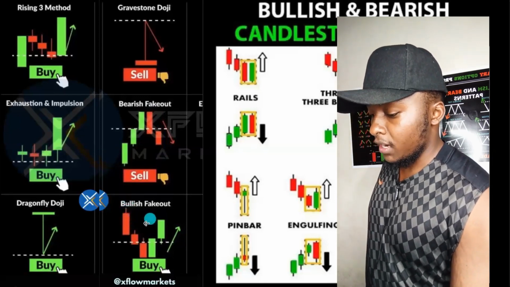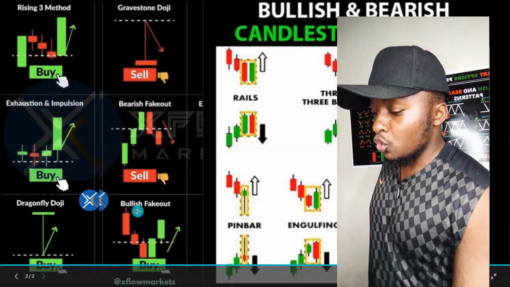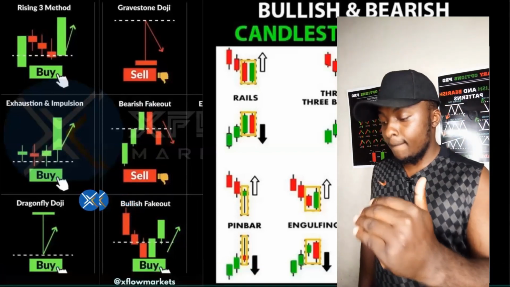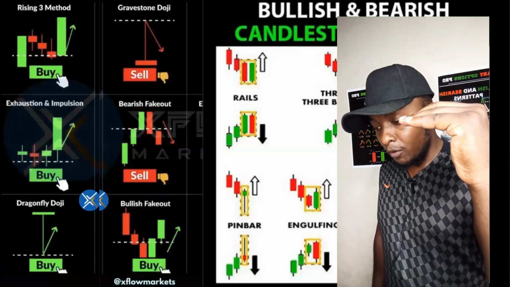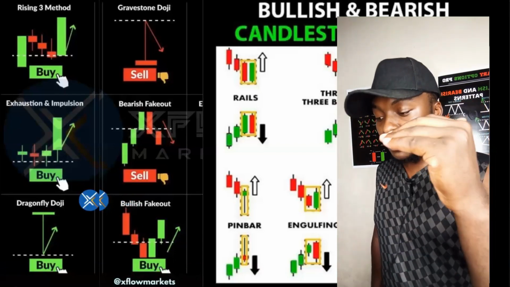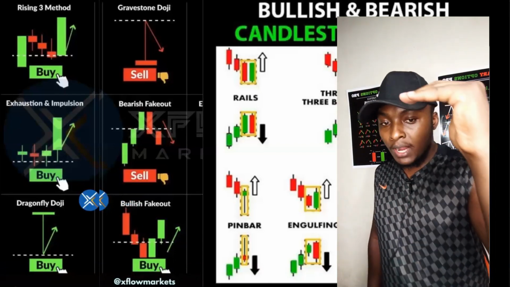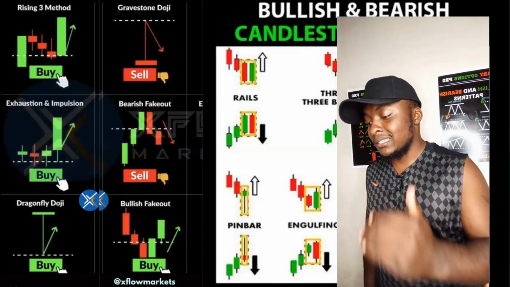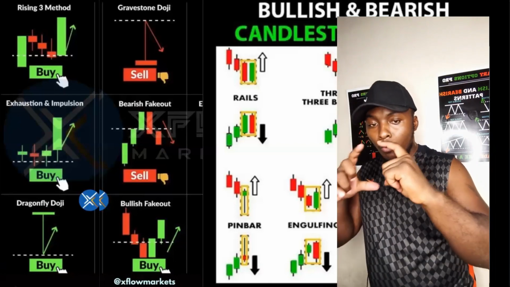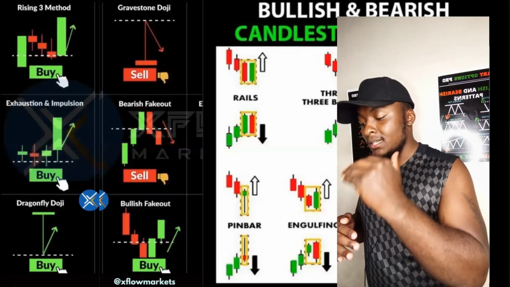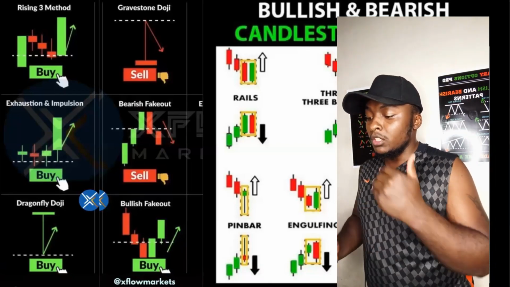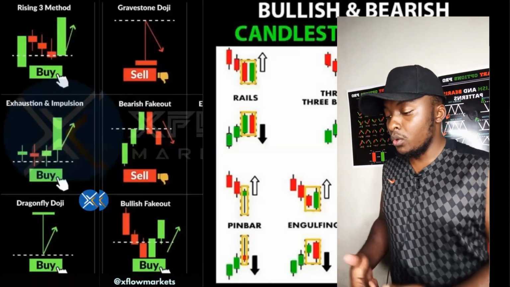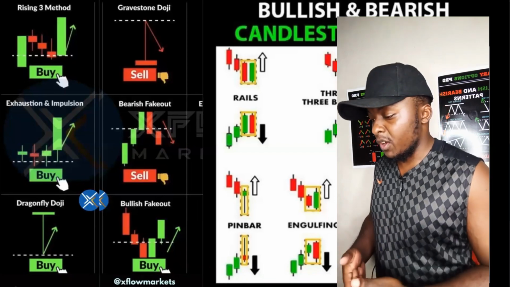The bullish fake out, definitely you'll see the red candles coming in, and then you'll think the green candle that forms is just like a pullback that will make price continue selling, and you'll find out that this is just a fake out. It's a whole complete candle that closes above the red candle. So you don't want to sell on that. It's a fake out. It's not just to trick you. You want to really understand it very, very well.